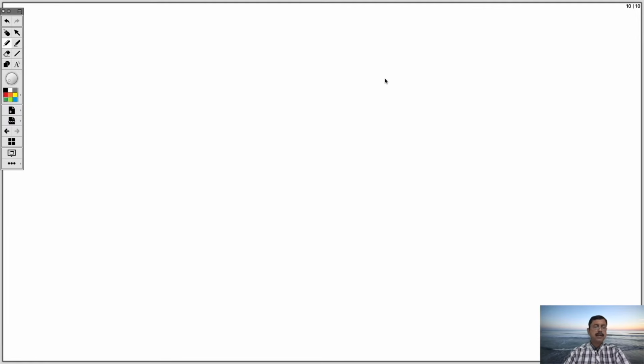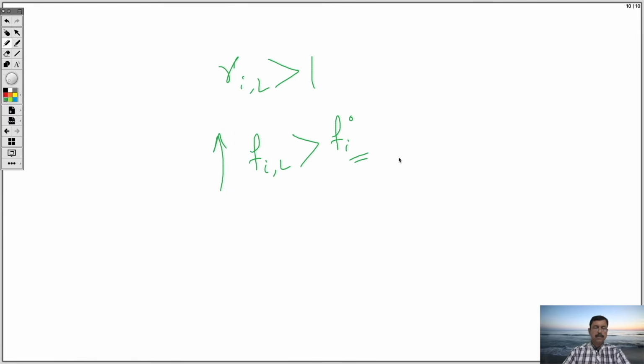Now in general, this activity coefficient is higher than 1. That means the fugacity of a component in solution is greater than the fugacity of the pure component. That means the same liquid will have a higher tendency to vaporize when in mixture than in the pure state.